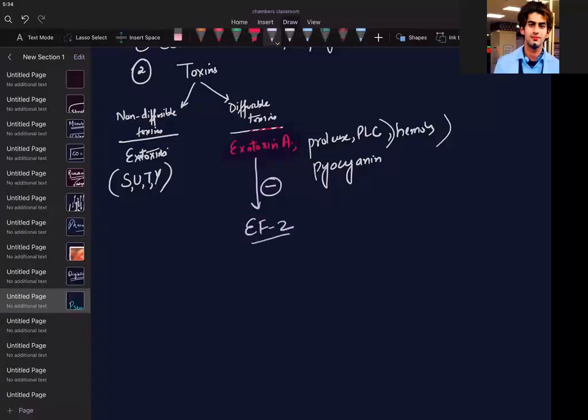I hope you remember the function of elongation factor, that it acts as a growth factor. But if you are inhibiting it, what will happen? It will lead to necrosis and everything at that place.